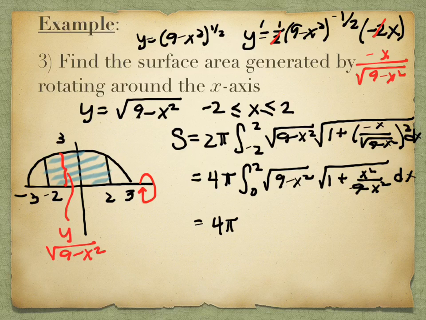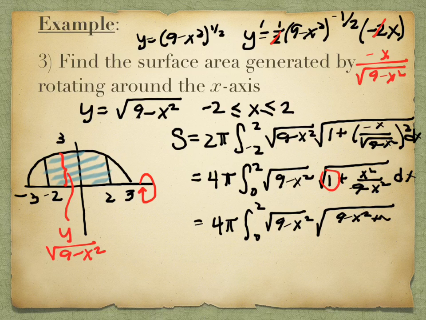So this is 4 pi times the integral from 0 to 2. And I can make my denominators the same, so this right here will be (9 minus x squared) over (9 minus x squared). So first of all, this didn't change. This is the square root of 9 minus x squared. And then we have the square root of 9 minus x squared plus x squared, over 9 minus x squared, dx.